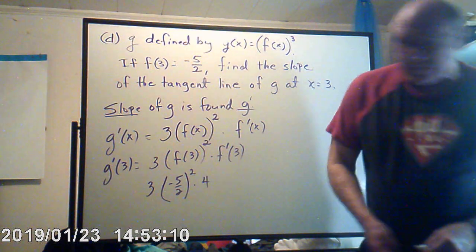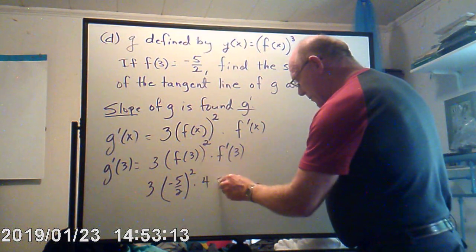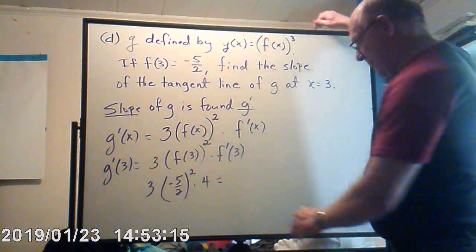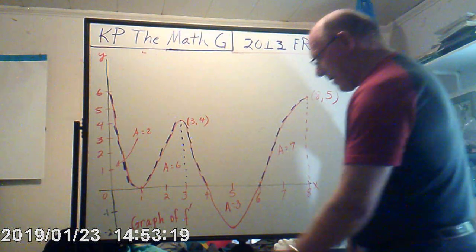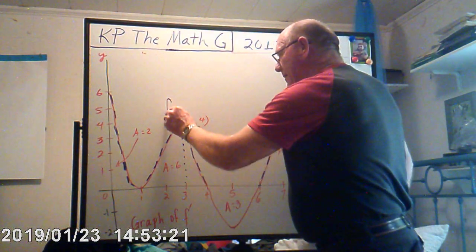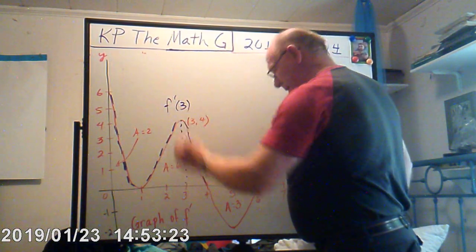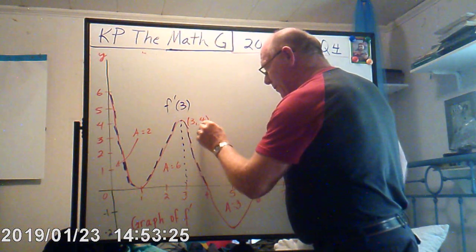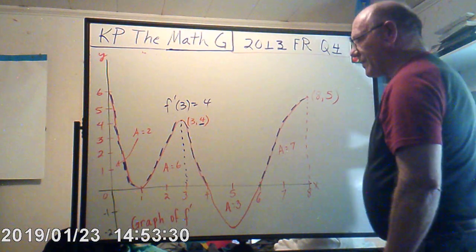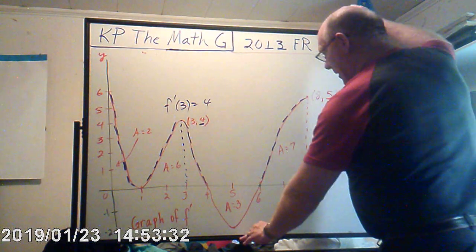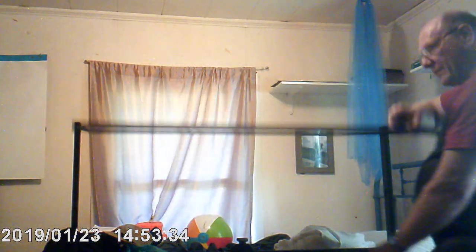Yep, that's it. 3 times 4 is 12. I did have to use this after all. And once again, you have to remember this is F prime. So F prime at 3 is 4. Looking for that Y value there. That's all you're looking for. Alright, so you had to use this after all.